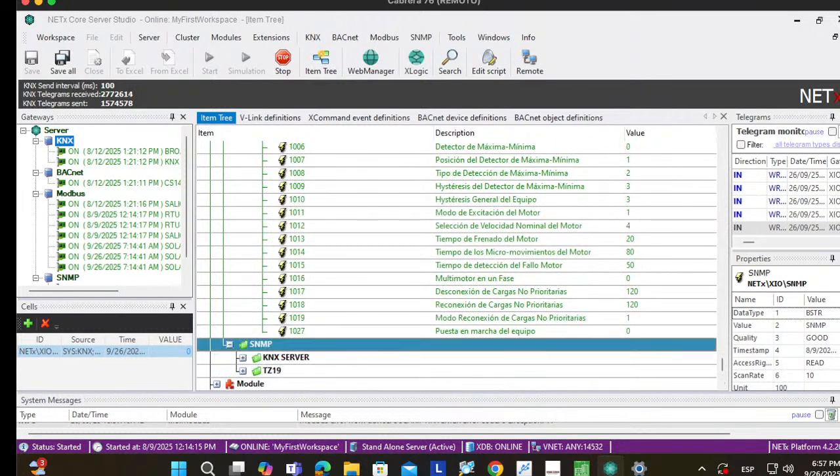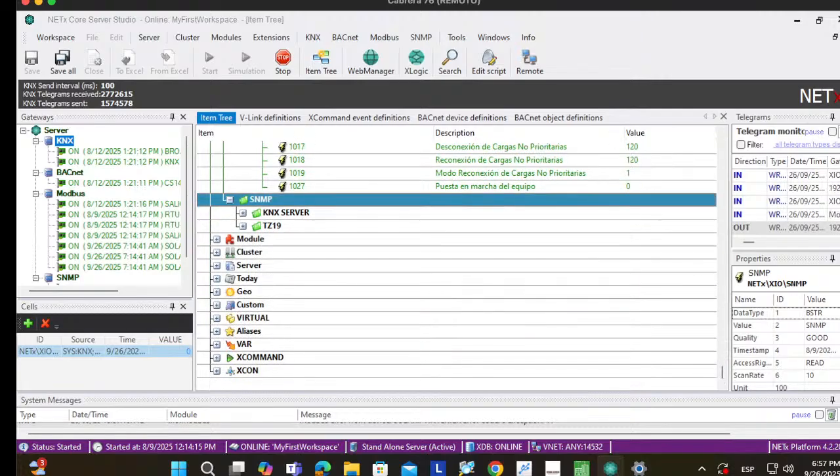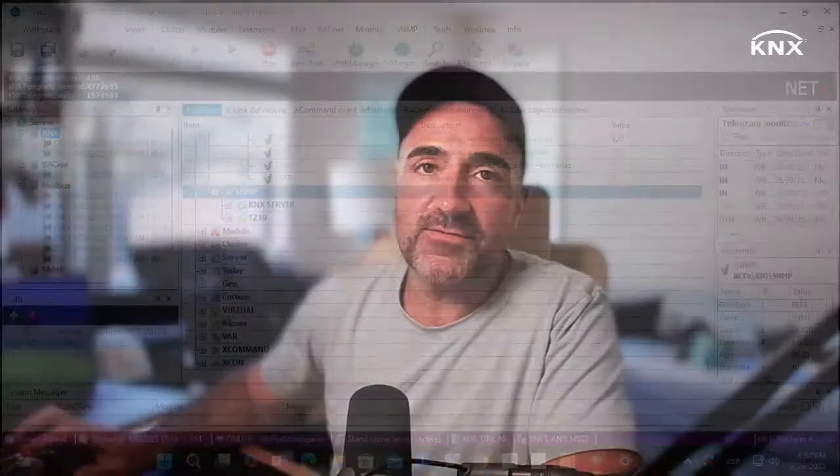SNMP. Let me talk to you about this protocol. It is very well known for network devices. I don't know if you have heard about the SNMP protocol, but you can get information from any network device in the field, in the project. From my point of view, it makes sense just to see if a device is alive or not.